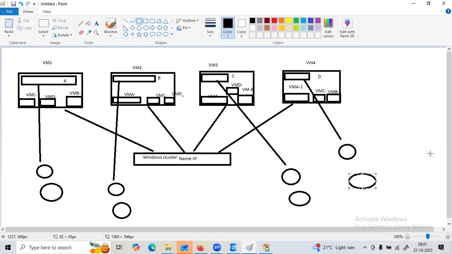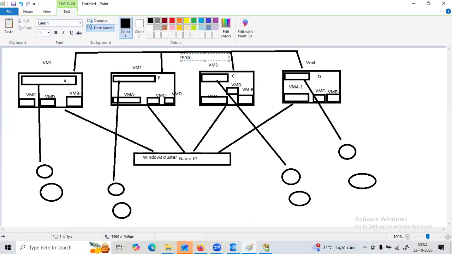This one has a shared disk. What I meant to say is, all these four computers communicate through the private network.